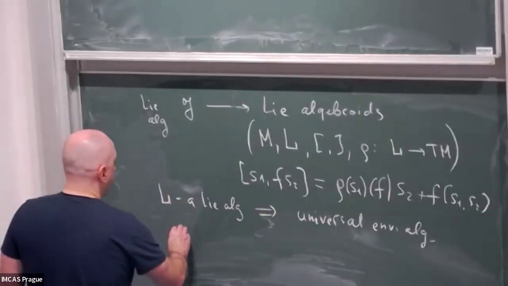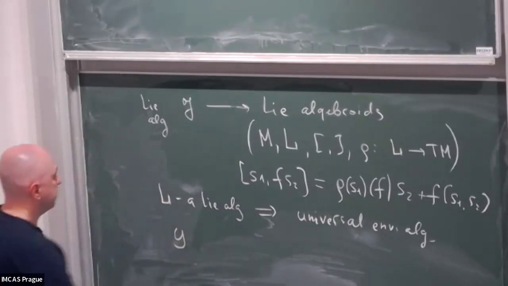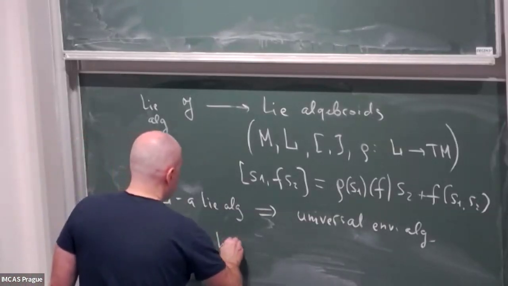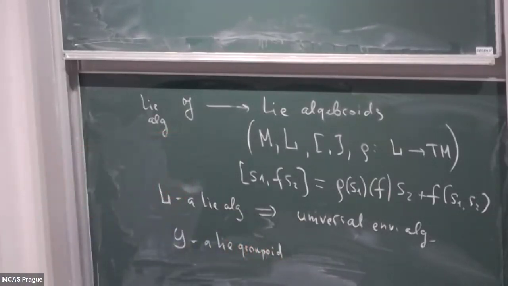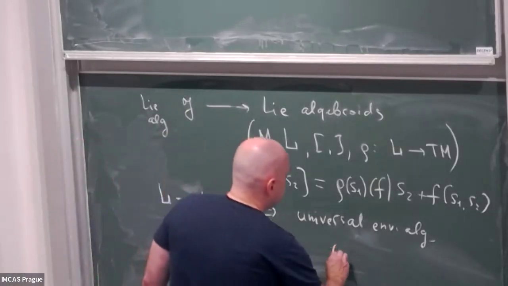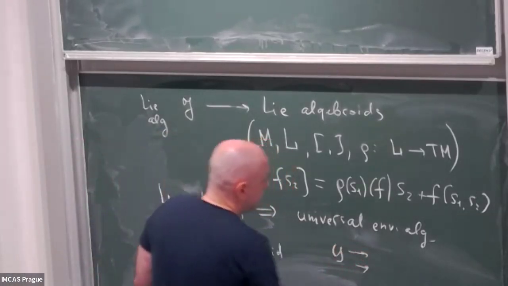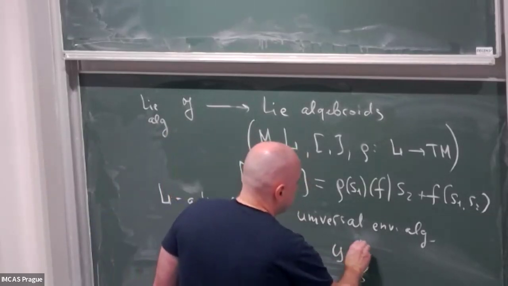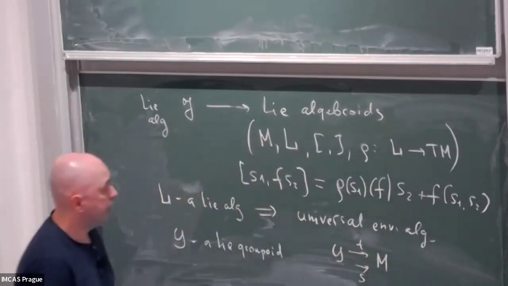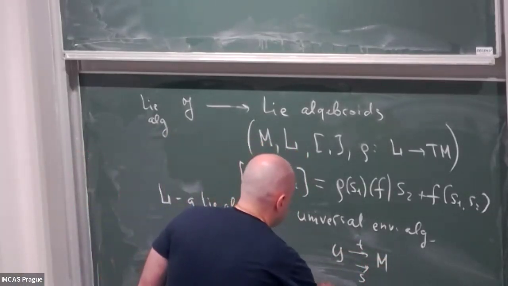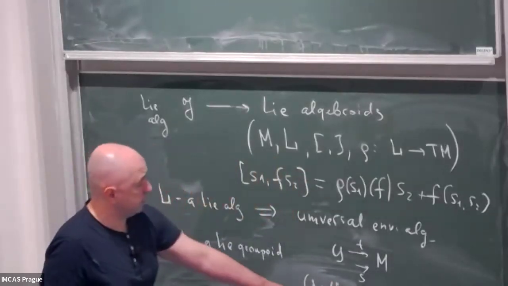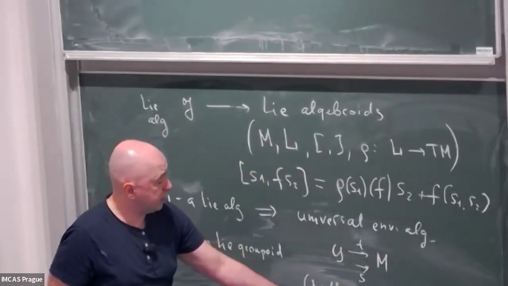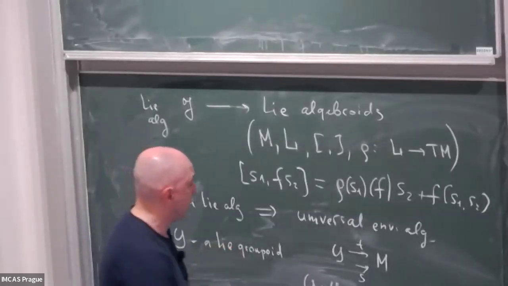It is the following. Suppose G is a Lie groupoid. It means that there are two maps, the source and the target maps from G to the base manifold M. There is a map which is the product, which is a map over M. It means that we can compose only elements such that for the first one, the source is the same as the target for the second one.